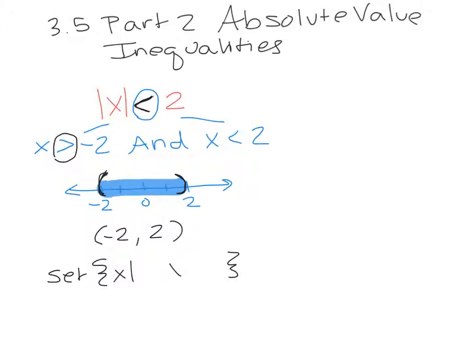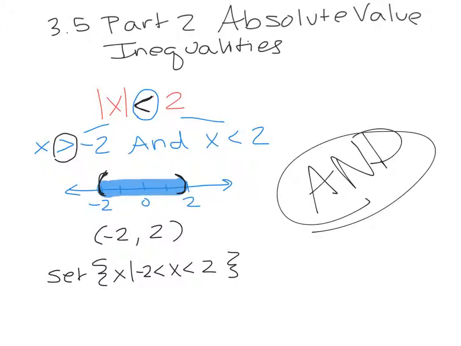So you write the x in the middle. You write the less than 2 on the right, and then you write the negative 2 on the left. And notice that the alligator is eating the x. This is an example of an and problem. Let me show you an or problem.